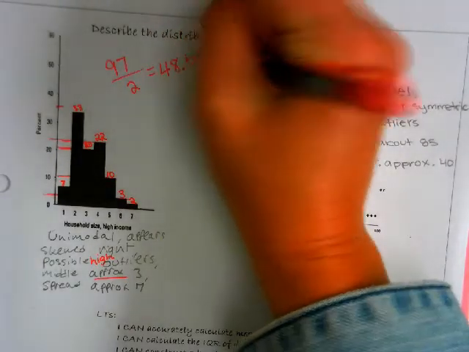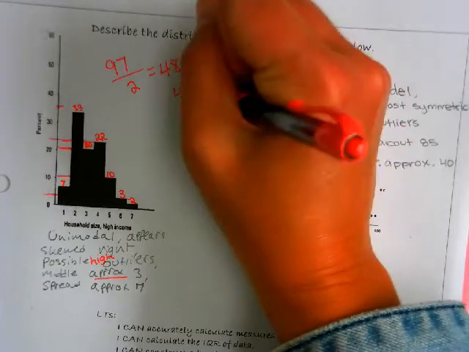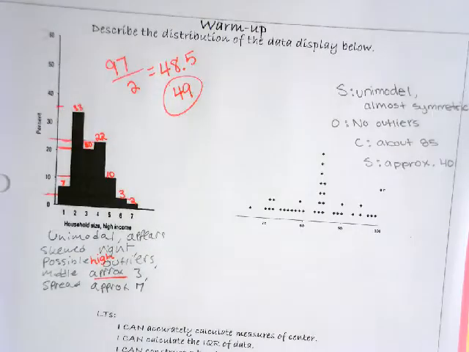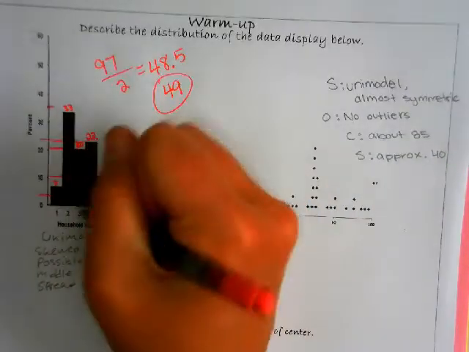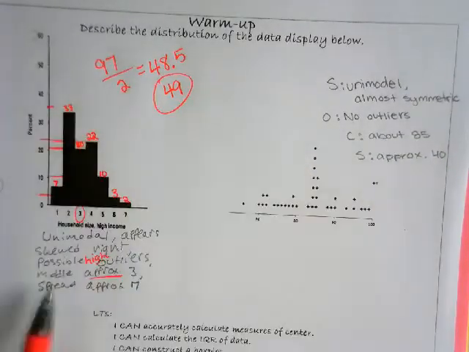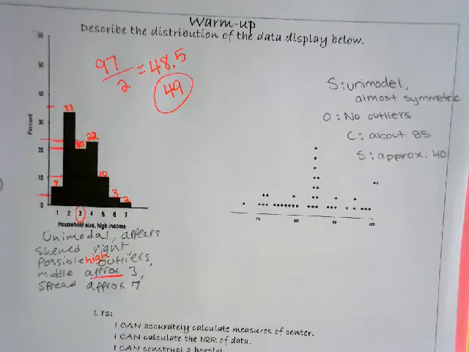So we're looking for the 49th piece of data, which would be in the 3. It's got to be in the 3, which is why Sam said the middle is approximately 3.